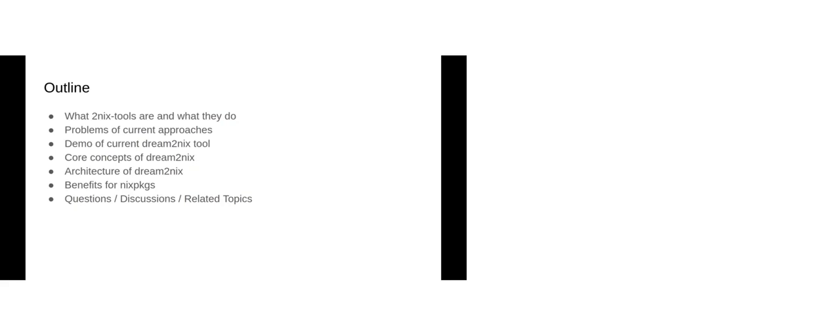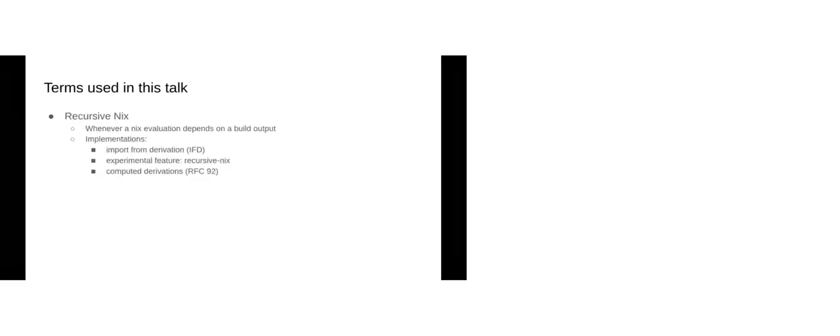Okay, so before I start, I just want to clarify, not to confuse you, a few times during this talk I'm going to talk about recursive Nix. What I mean by this is whenever a Nix evaluation depends on a build output. So whenever Nix has to build something first in order to figure out what to build. And there are different ways of doing it.